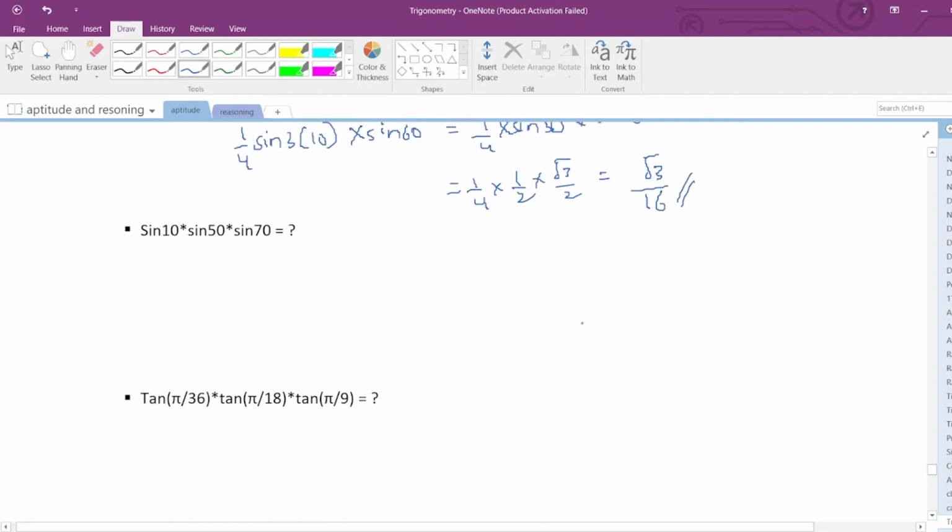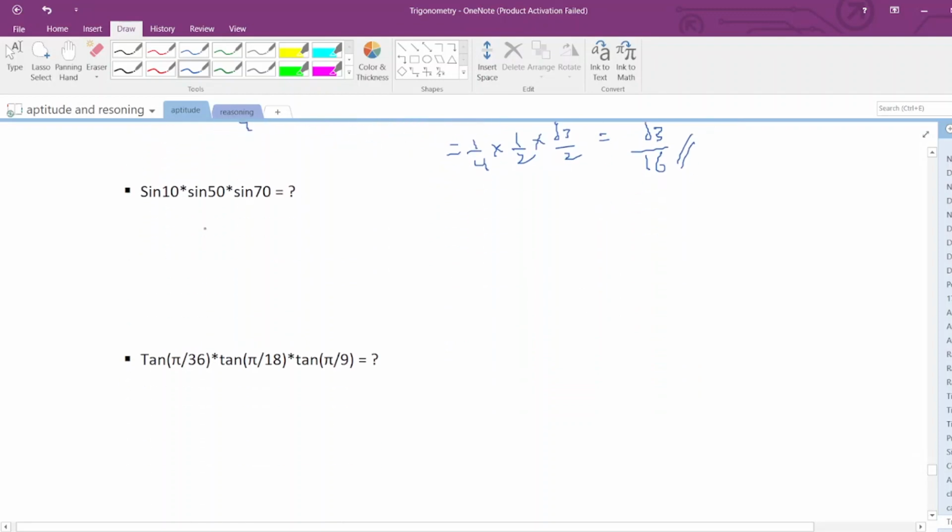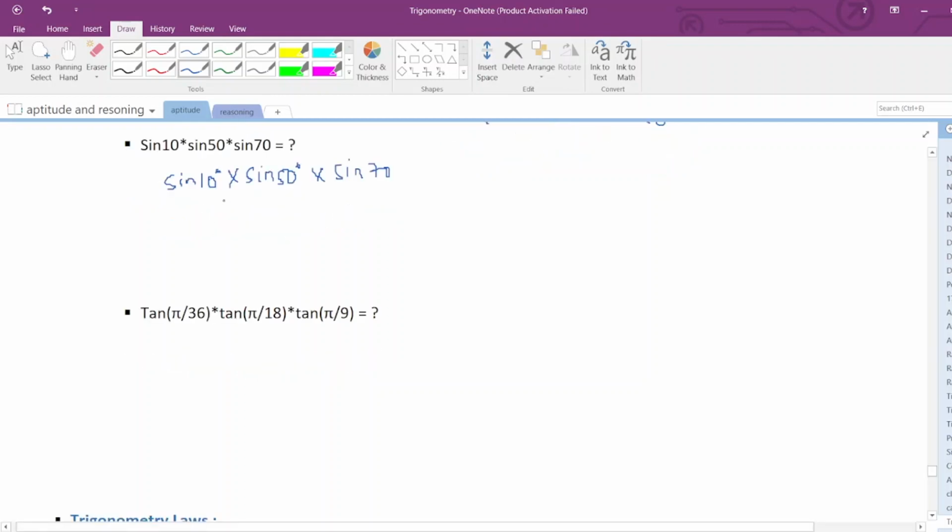Hope it's clear. Now this is another type of question: sine 10 into sine 50 into sine 70. Is this in the format of theta, 2 theta and 4 theta? No. The terms are not in the form of theta, 2 theta and 4 theta, so we need to make a change. All the terms are in sine, so can I say sine theta is equal to cos of 90 minus theta?